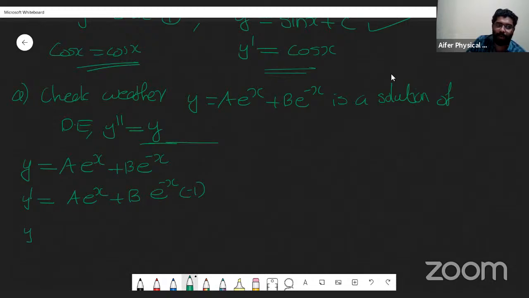If I take one more derivative, I get a e raised to x plus b e raised to minus x. Minus 1 is there, also a minus 1 is introduced from this e raised to x, right? Therefore, I get y double prime equal to a e raised to x plus b e raised to minus x.